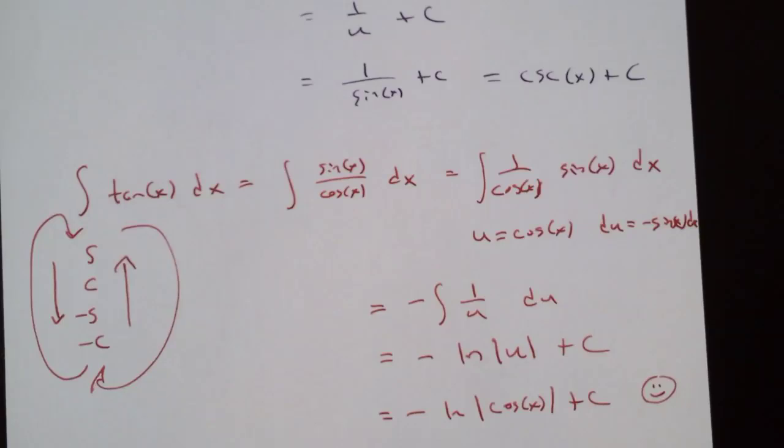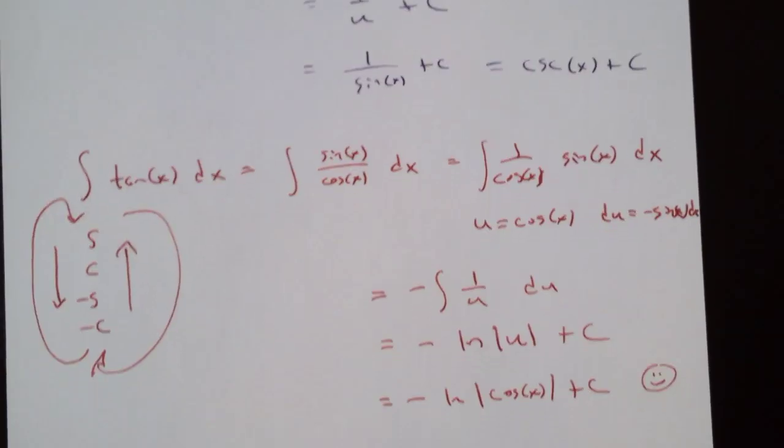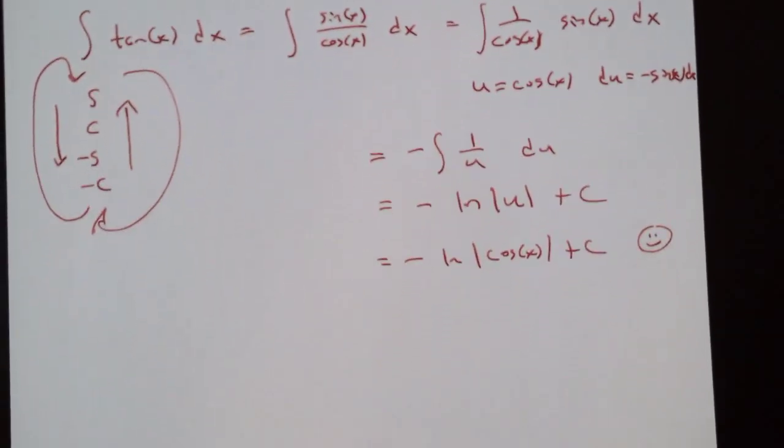Now, as far as I'm concerned, you should stop there. But the textbook actually took this a step further. When you have a number in front of a logarithm, that came from a power inside the logarithm. So I'm going to think of the minus sign out front as going back in and making it 1 over cosine. Cosine to the negative first power. What's 1 over cosine? What other trig function is that? Secant.